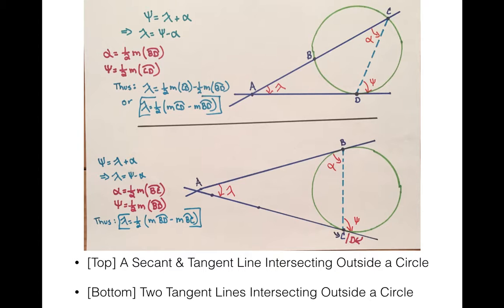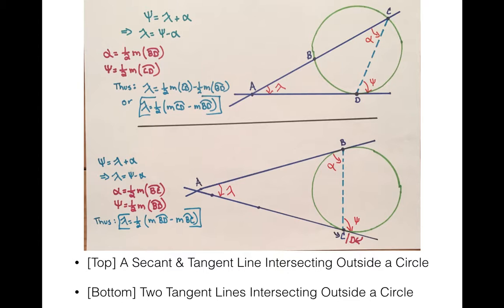And again, from previous proofs, we know that psi and alpha are inscribed angles, and we use their measures to solve for lambda, and we get our final result, which is lambda is equal to 1/2 times the measure of arc CD minus the measure of arc BD, where the CD is the larger of the two arcs.